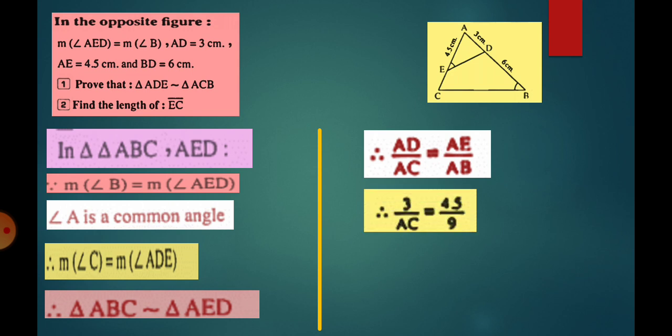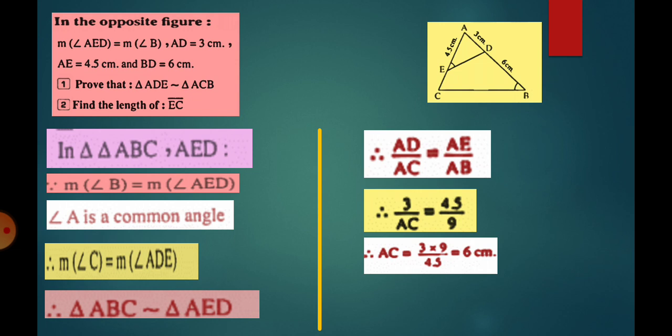AD is 3, AC we don't know the length of, AE is 4.5 and AB equals 9 centimeters. We want to find the length of AC. Then AC equals 3 times 9 over 4.5 equals 6 centimeters.